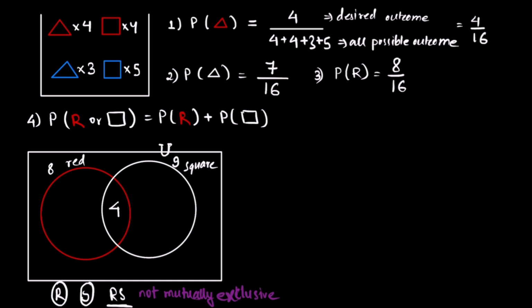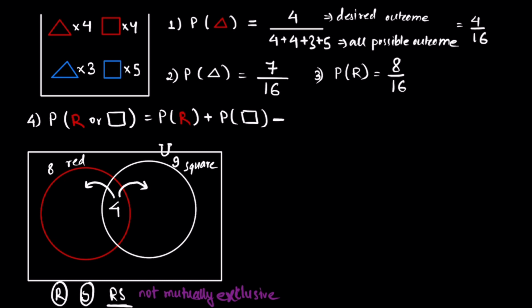There is also a probability that you might get a red square. And this red square is a part of red as well as a part of square. I mean, this red square is added in red as well as added in square. So to get the correct probability, you have to remove this part from the equation at least once.